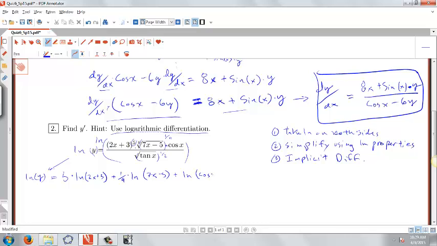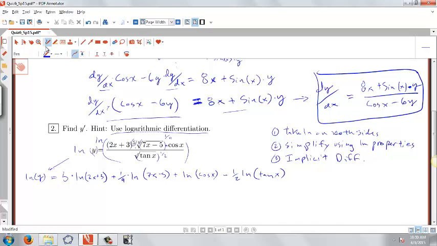And then we do the bottom part. Since that's division, it becomes a minus, and the 1/2 comes down, and we have the natural log of tangent x. Okay, so that's step 1 and 2. I did them together. If you want to pause it for a second and make sure you agree with that, that's a good idea.